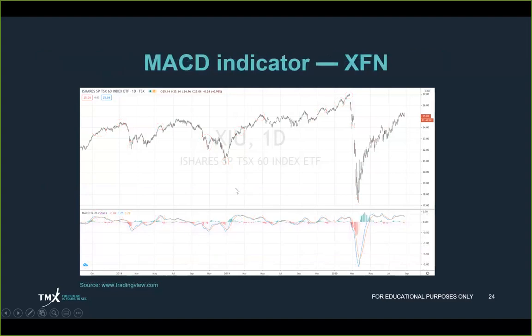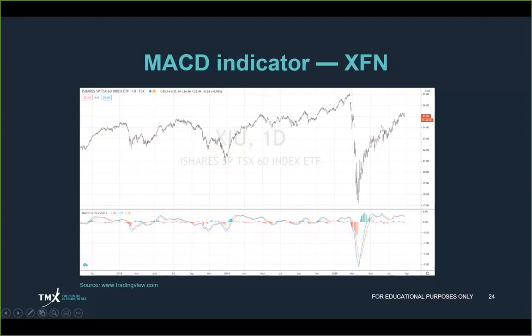MACD is really interesting as well. I like this because it's referred to as moving average convergence and divergence. And the way that you would apply this is, let's say, for example, and hopefully you can see my cursor here, we've got a price action taking place, and we've got a high, and then we have another high and another high.